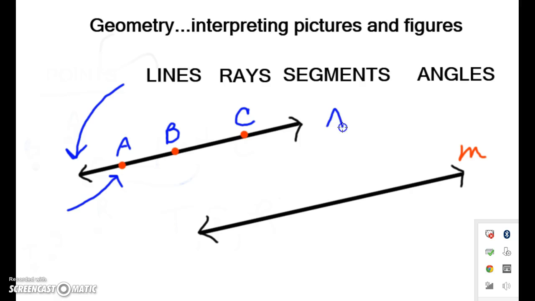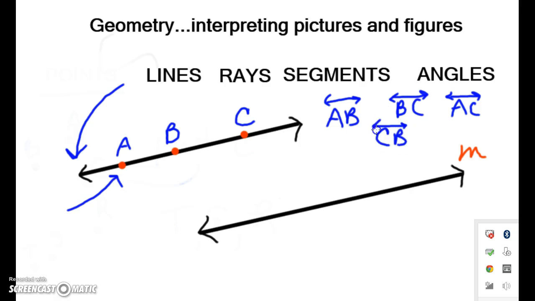For example, this could be line AB, or I might call it line BC, or I could call it line AC. I could even read the letters from right to left instead of left to right. I could call it line CB.